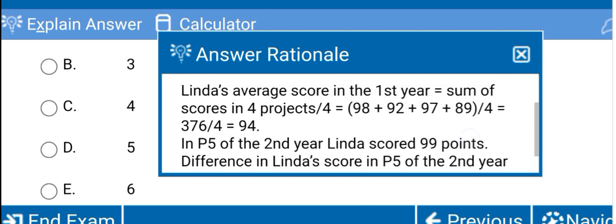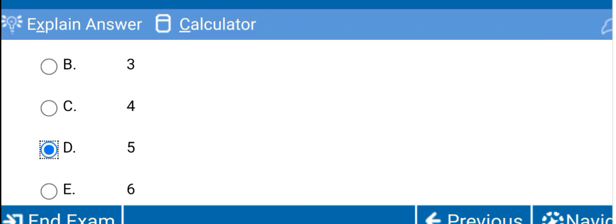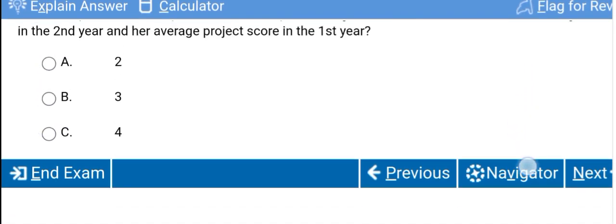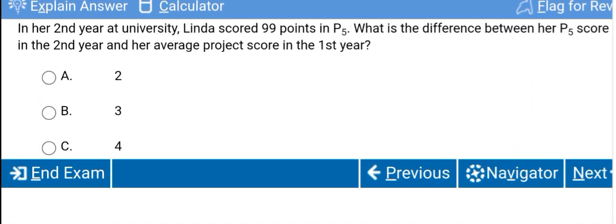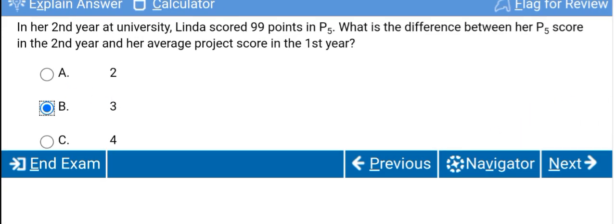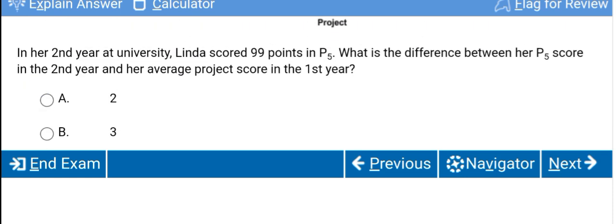So here we have the correct response is option D, which is 5, the difference between her P5 score in the second year and her average project score in the first year.